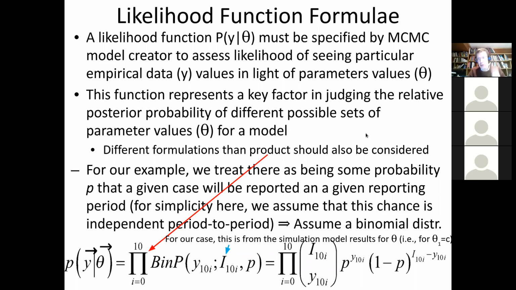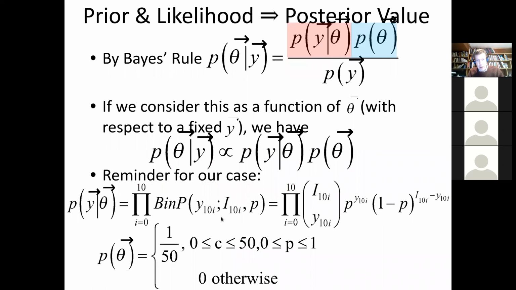The model turns the parameter values into something that can be compared apples to apples with things in the world. Here we're taking P from the parameter values in this binomial distribution. That takes into account the probability of reporting, not the simulation model itself. But this is the likelihood function.